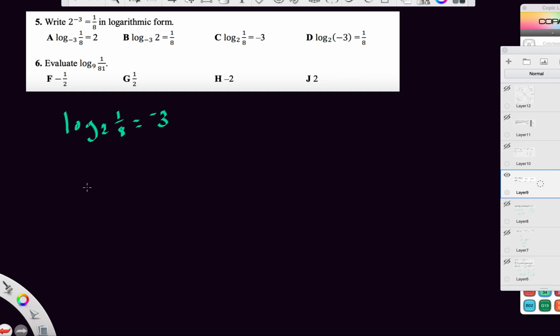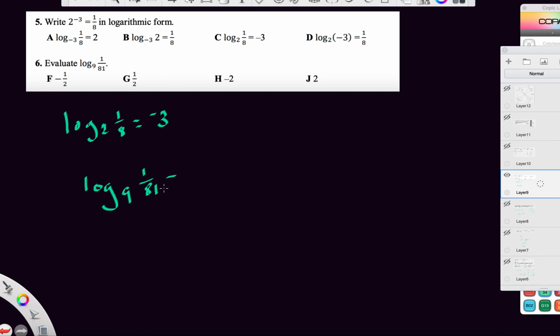Again, evaluate this log. So log base 9. What power of 9 gives me 1/81? This is wonderful. We know that 9 squared is 81, but it happens to be the reciprocal of 81, which means it has to be a negative exponent, just like the one above.